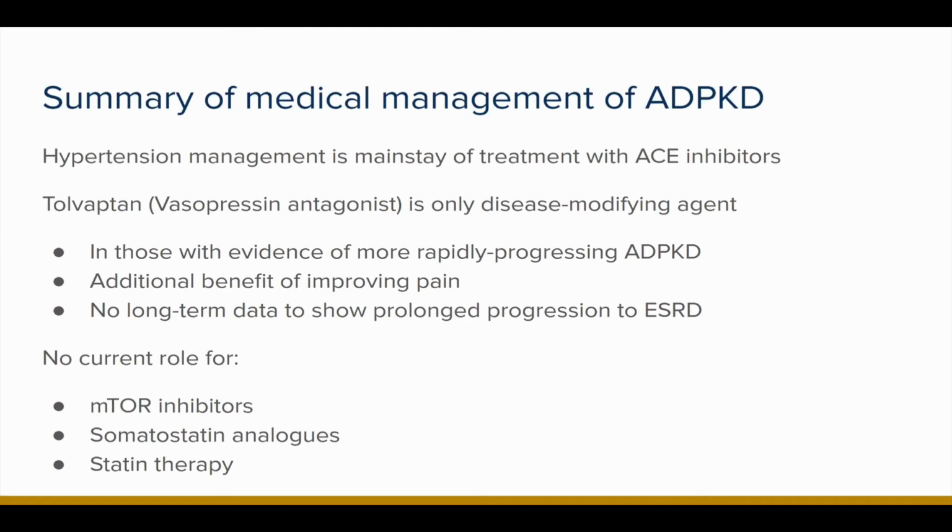It may also have an additional benefit of improving pain for these patients. However, we don't have further long-term data to show that tolvaptan slows the progression to end-stage renal disease, which would again be a long-term outcome, but clinically relevant.